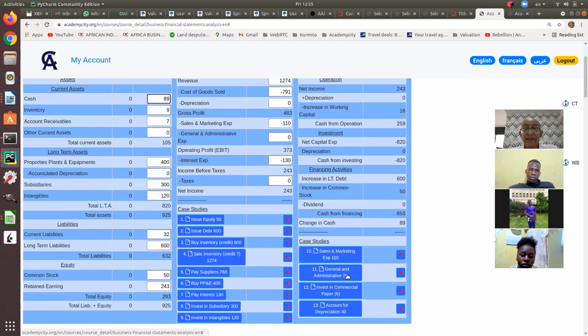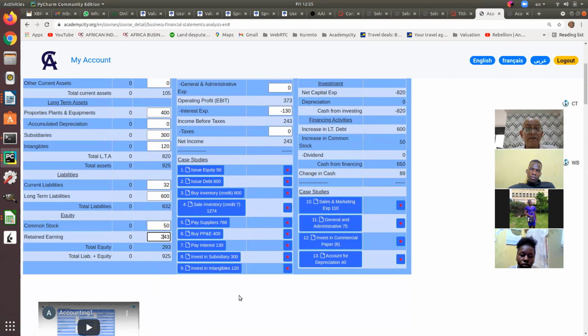It will go down by another 75. My profit is going to go down by another 75 because my general and administrative is 75. That means the accounting identity is going to remain because this is going to go down by 75 and this is going to go down by 75.